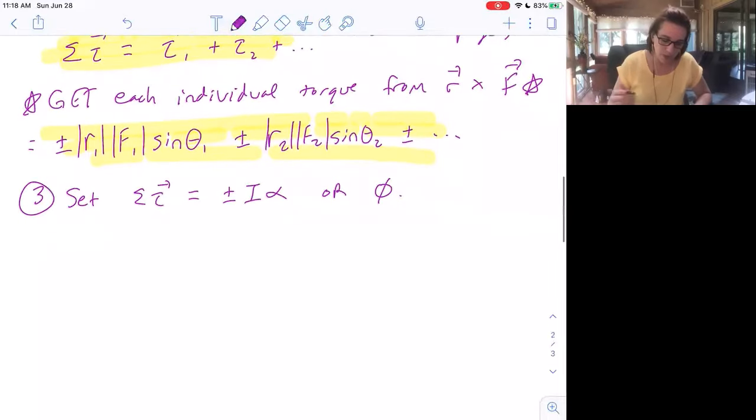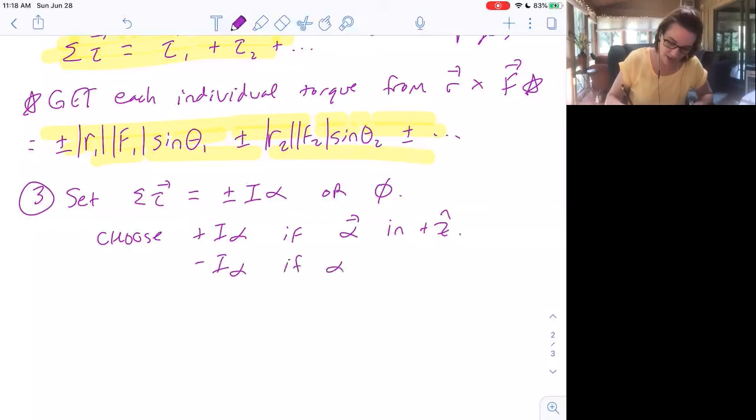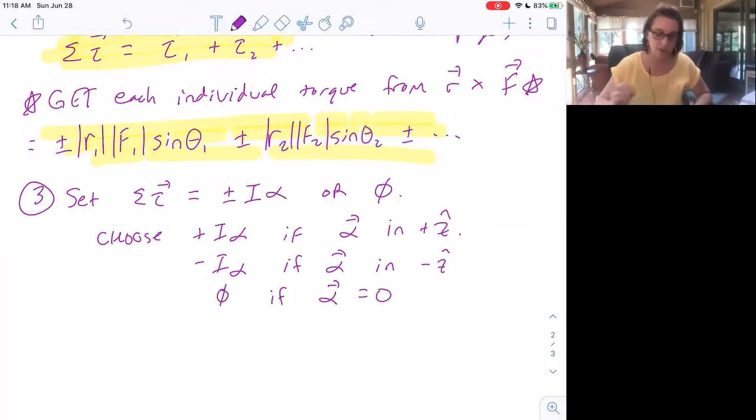All right, so I'm going to set the sum of torque equal to I alpha, and I'm going to choose plus I alpha if alpha is in the positive z direction, and then minus I alpha if alpha is in the negative z direction, so into the page. And then choose 0 if alpha equals 0.